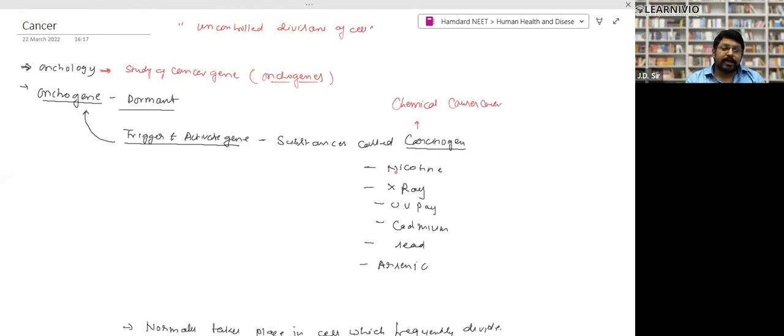What can be a carcinogen? Nicotine, X-rays, ultraviolet rays, cadmium, arsenic, lead. They all are carcinogenic substances. Is that clear?